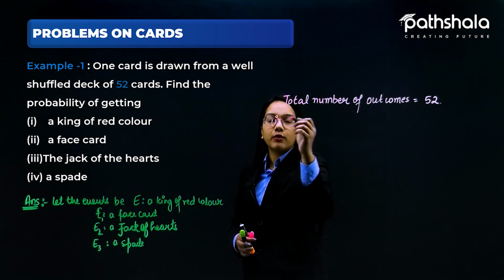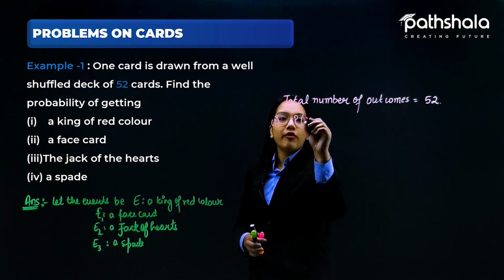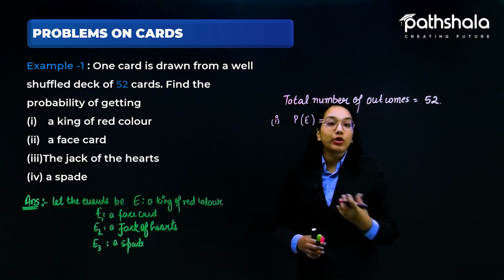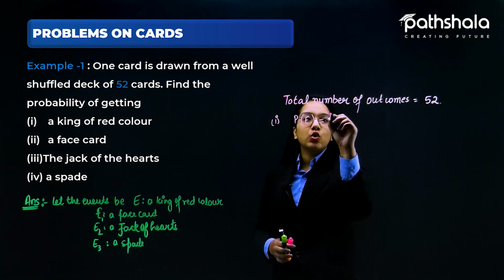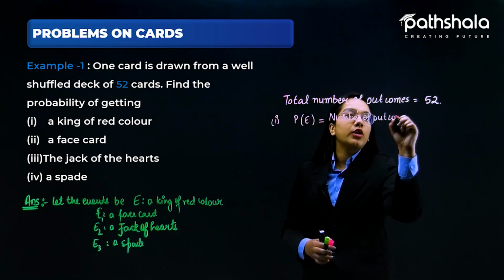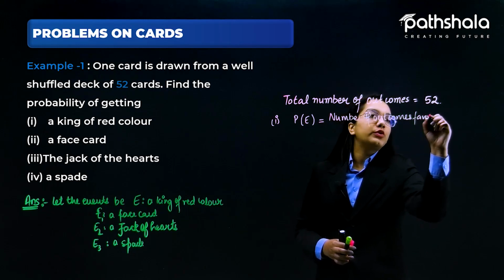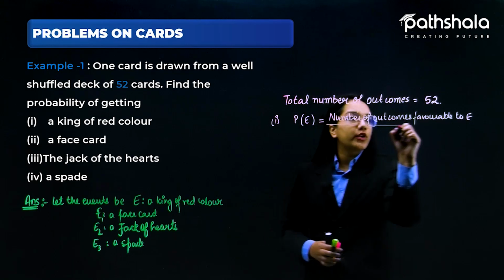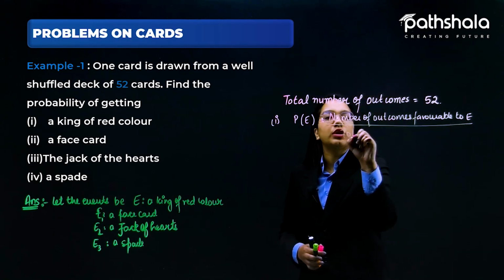The probability of getting E is equal to the number of outcomes favorable to E divided by the total number of outcomes.